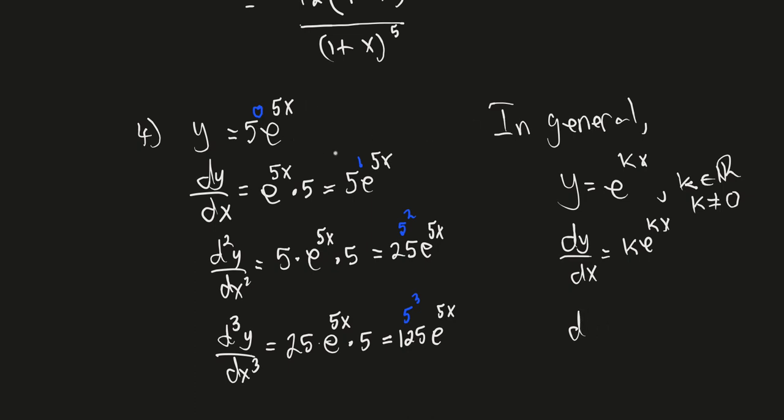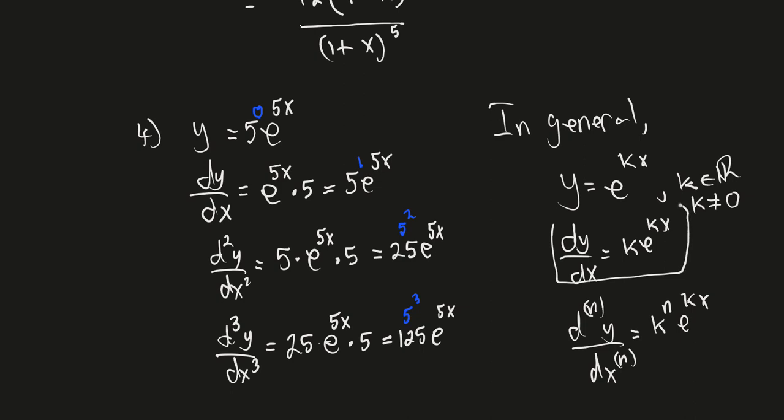If we follow this pattern where the constant just keeps being raised to larger and larger integer powers, the nth derivative of this function is going to be k to the nth power times e to the kx, right? So here is the first derivative, and it's such a nice pattern that we can actually write down a result for its nth derivative. And it's all because of the chain rule.